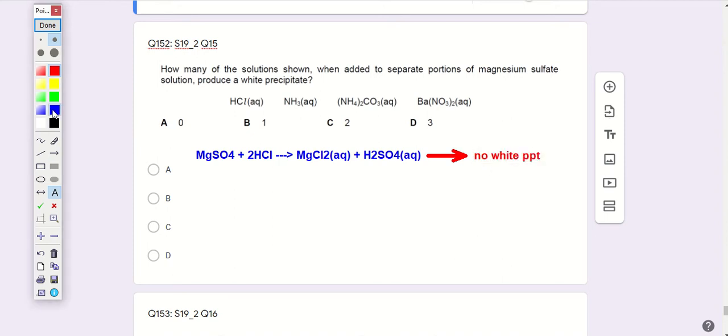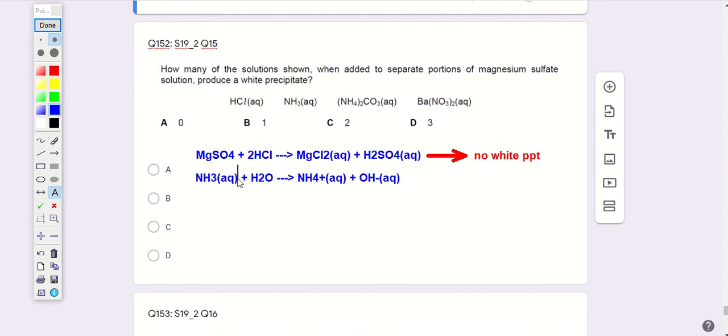Okay, let us now look at the second one. We have ammonia solution. This ammonia solution is basic. How do I know that it's basic? Because it dissociates in water to give you ammonium ions and hydroxide ions.